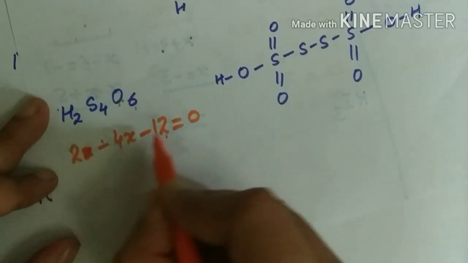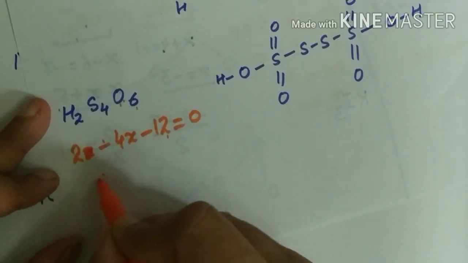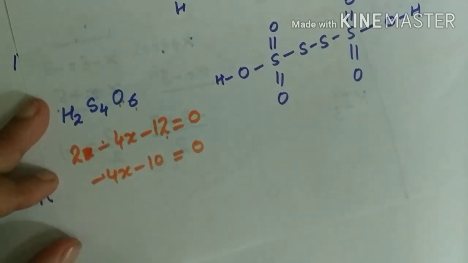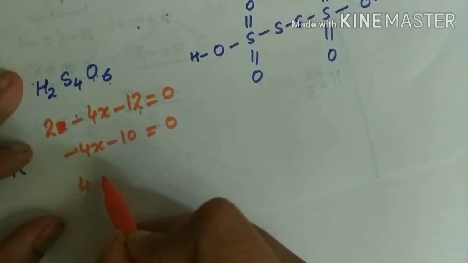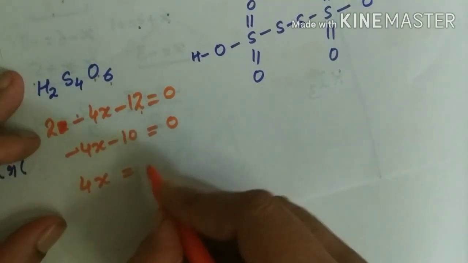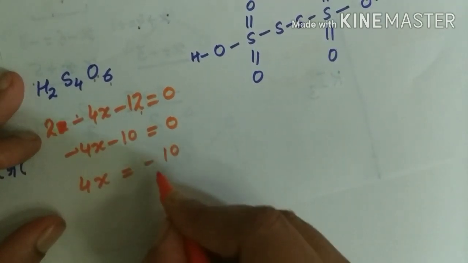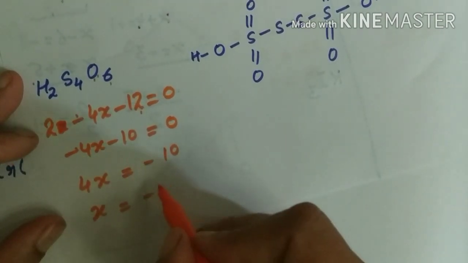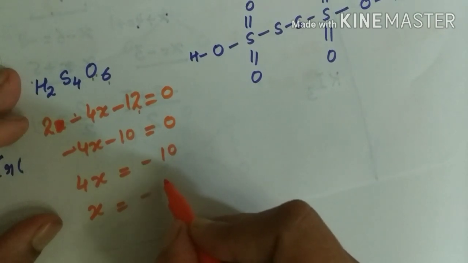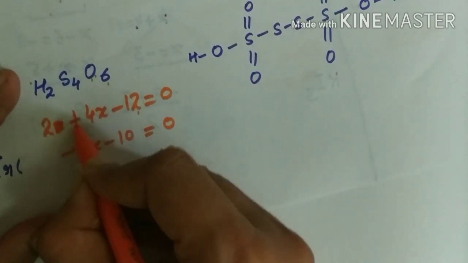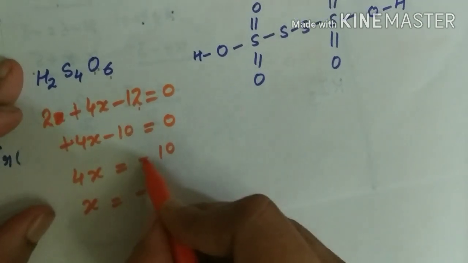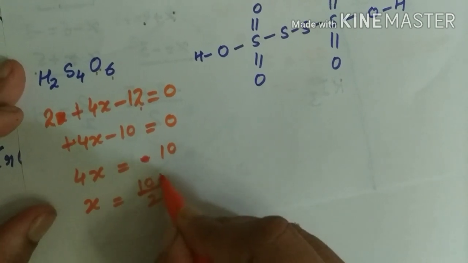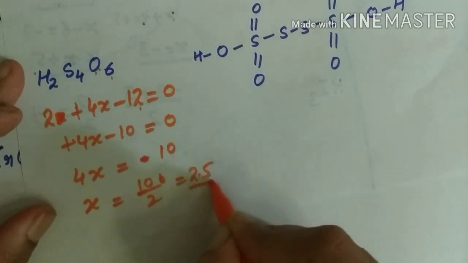Now it will be 12 minus 2, 10, so 4x - 10 = 0, or 4x = 10, and x = +10 by 4, that is again fractional, so it is an average.